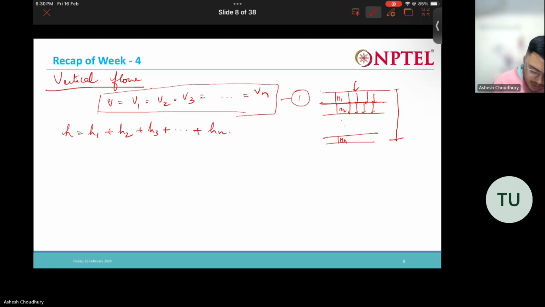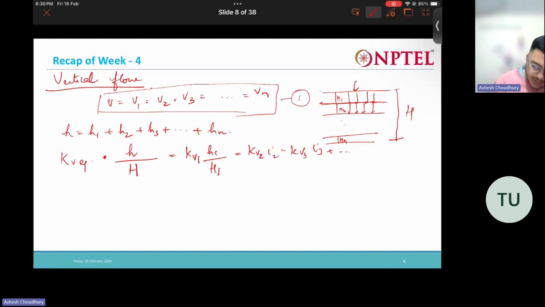Then you can write K vertical equivalent into total head loss H by the length of total flow H is nothing but KV1 i1, equal to KV2 i2, equal to KV3 i3, like this up to the nth layer KVN iN.